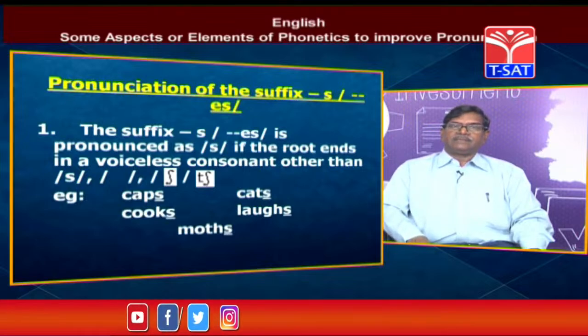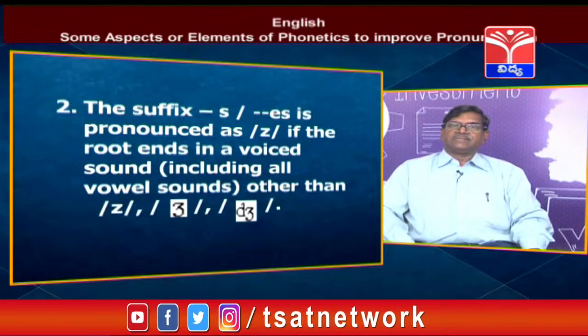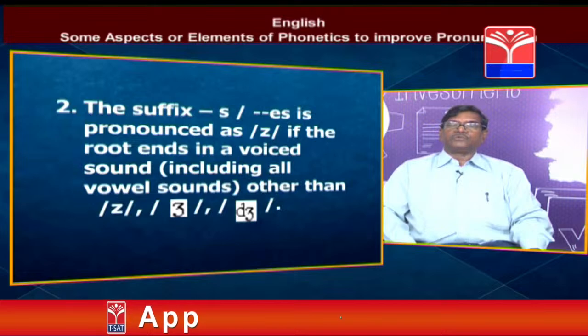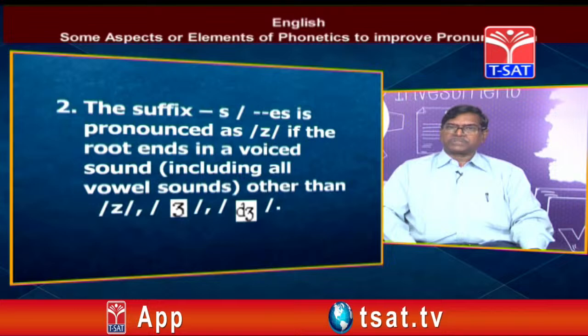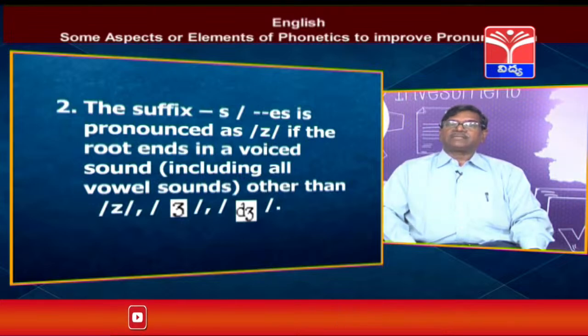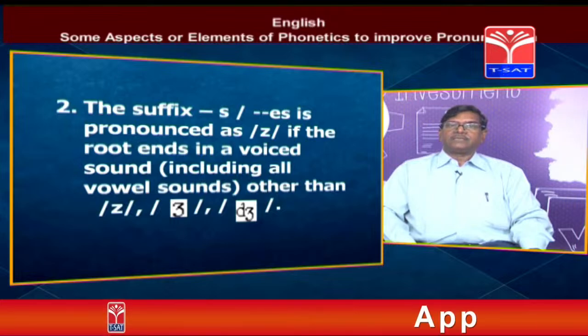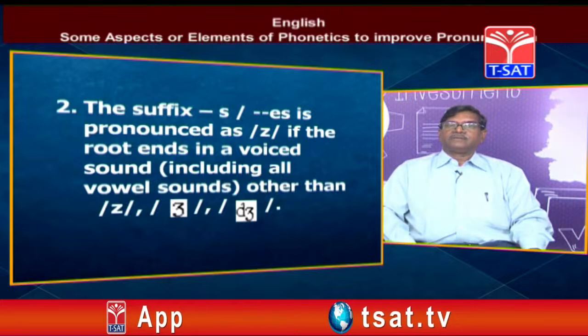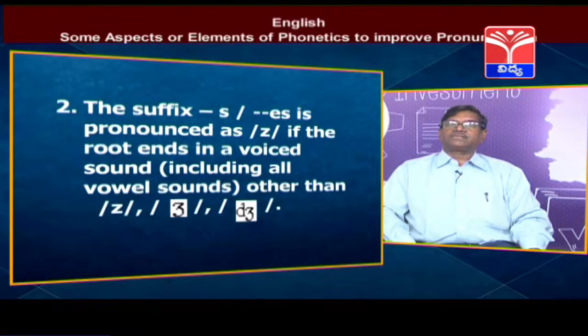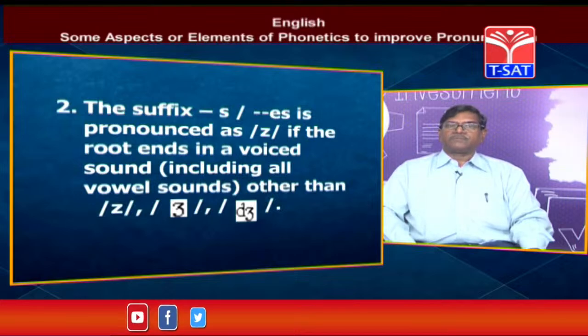And then the suffix is pronounced as z if the root ends in a voiced sound, including all vowel sounds, but other than z, zh and j. Z, zh, j. Other than these three, if the word ends with any voiced sound other than these three sounds.